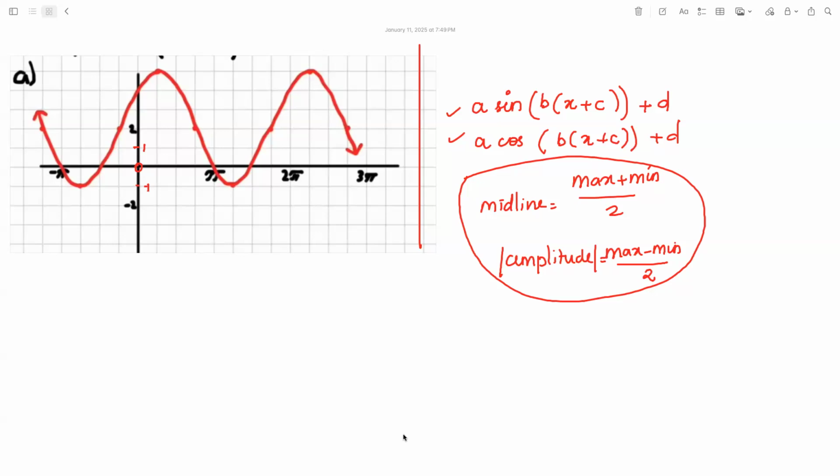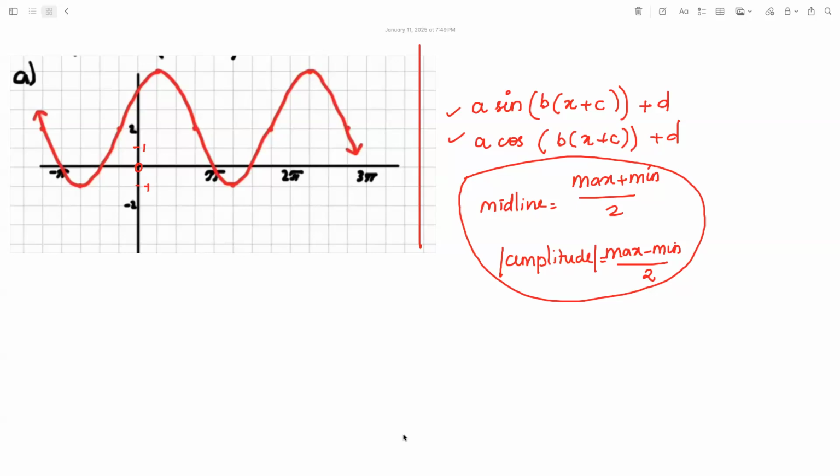The phase shift is minus C by B. The units to the left.